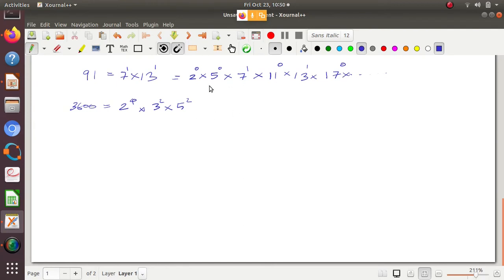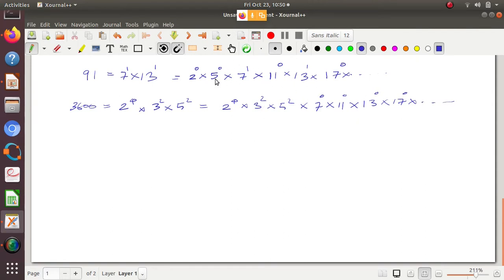Similarly, 3600 can be expressed as 2 to the power 4 into 3 square into 5 square into 7 to the power 0 into 11 to the power 0 into 13 to the power 0 into 17 to the power 0, etc.